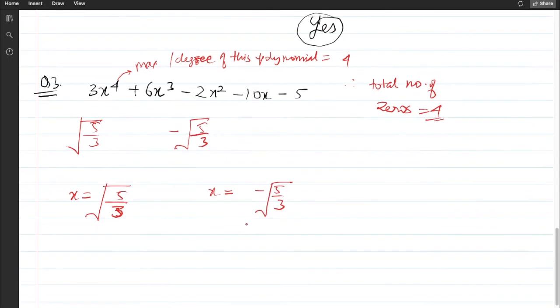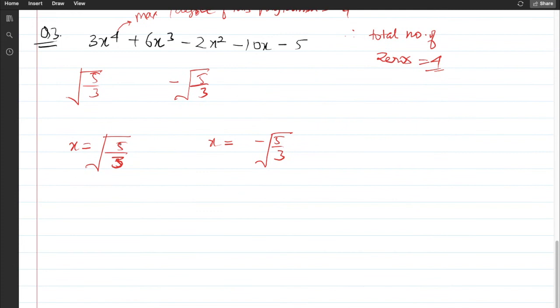You can just rewrite them. Alright, and the next step you can write it like x minus under root 5 by 3, and this as x plus under root 5 by 3.